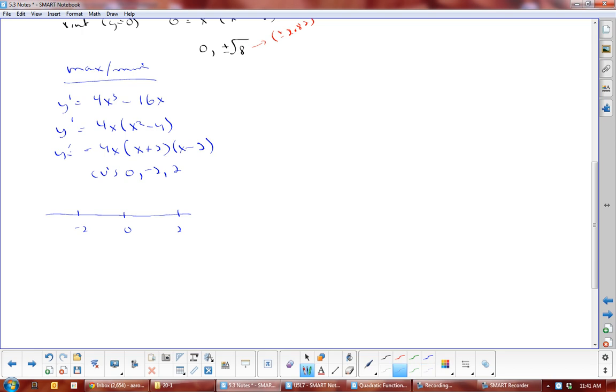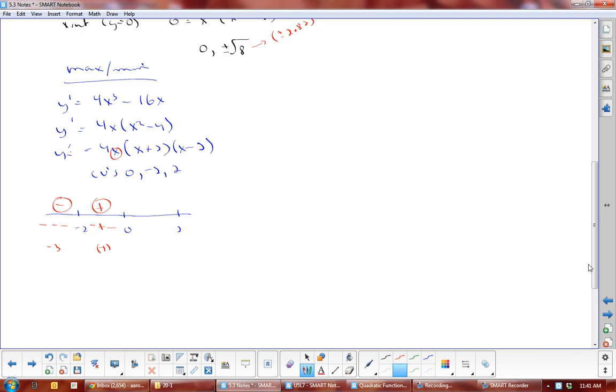Might as well start with negative 3. If you put it into here, negative 3 plus 2 is a negative, and negative 3 minus 2 is a negative. So 3 negatives is a negative. Between negative 2 and 0, let's go negative 1. Negative 1 plus 2 is a positive, and negative 1 minus 2 is a negative, so that will give me a positive.